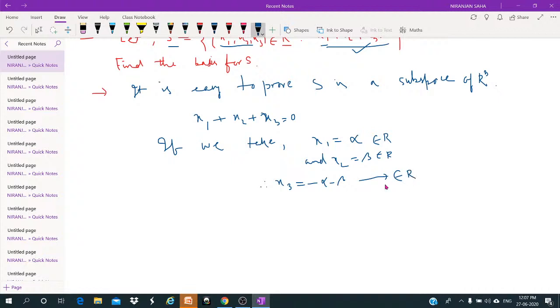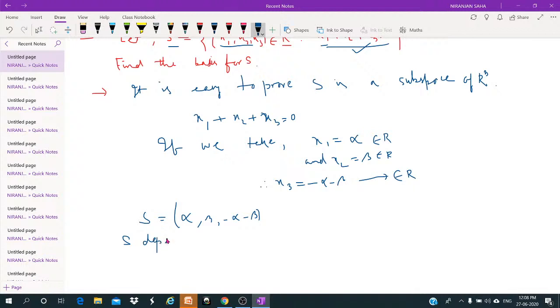Now any point in S can be expressed in this way: alpha, beta, minus alpha minus beta. So it depends on two variables, so its dimension is 2.